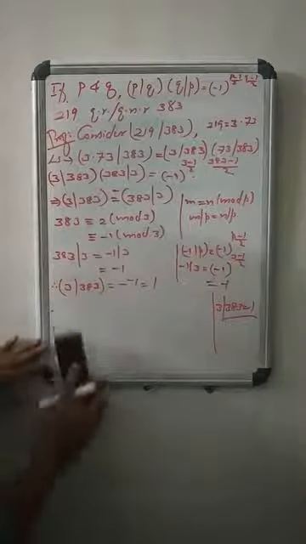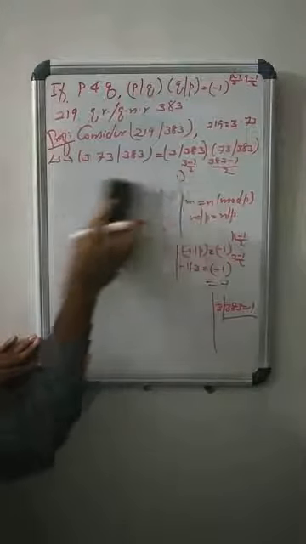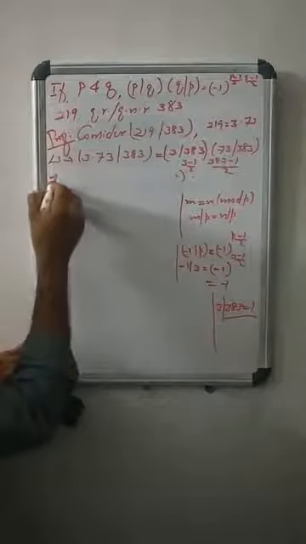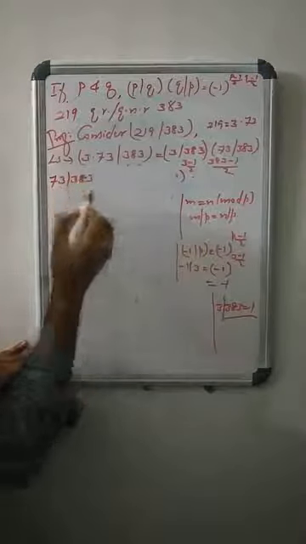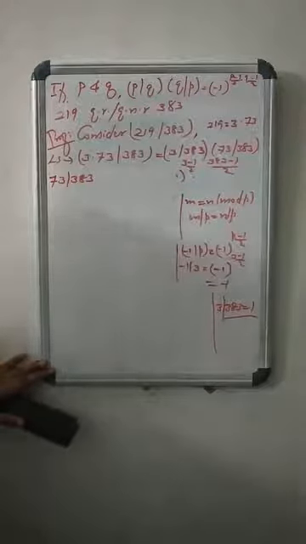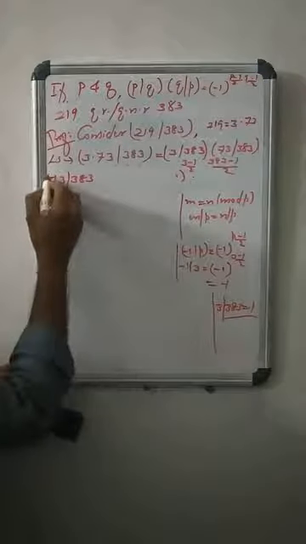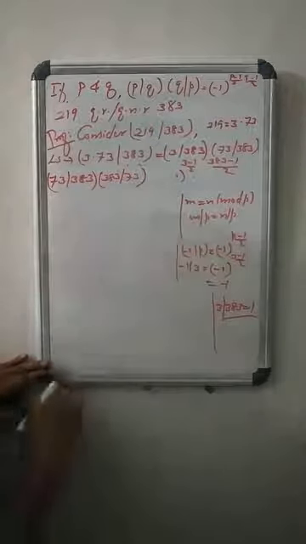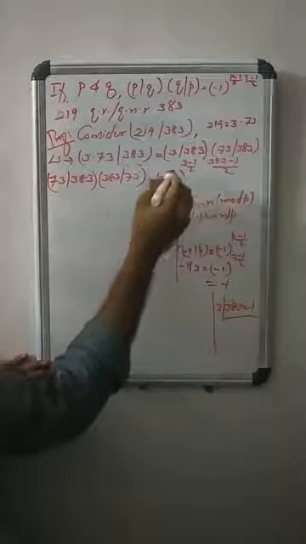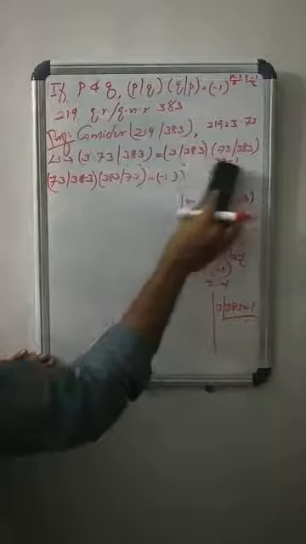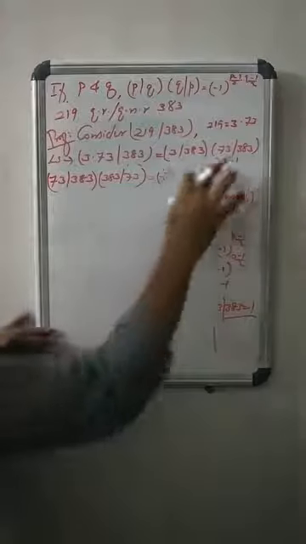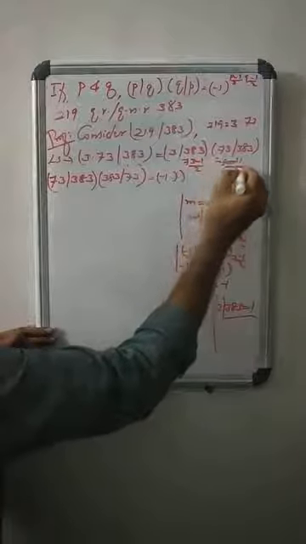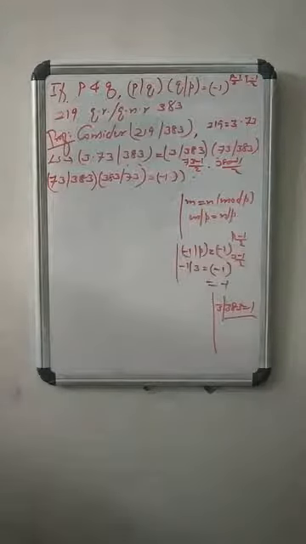Again by the reciprocity law, (73/383)(383/73) = (-1)^((73-1)/2 · (383-1)/2). Now 73 minus 1 is 72, divided by 2 is 36.